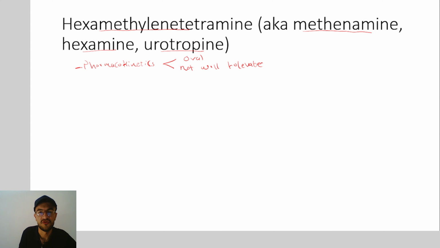It causes GIT upset, and it only works in acidic urine, only in urine pH less than 5.5.